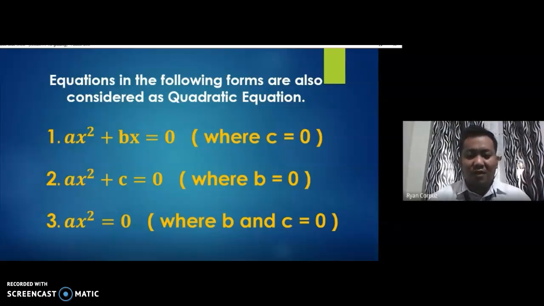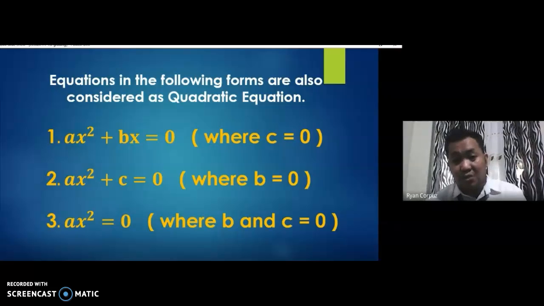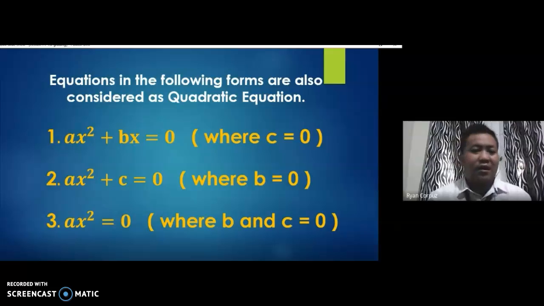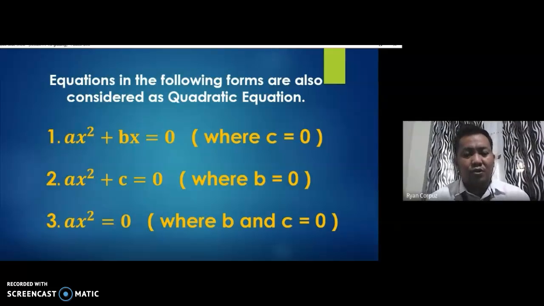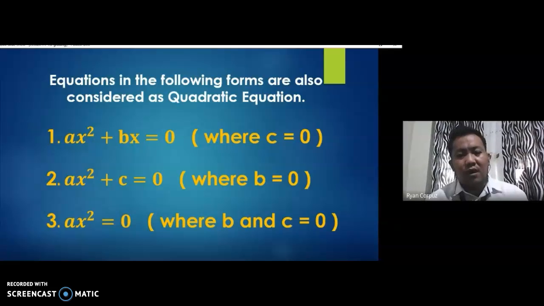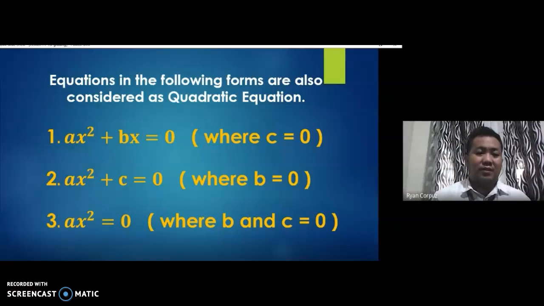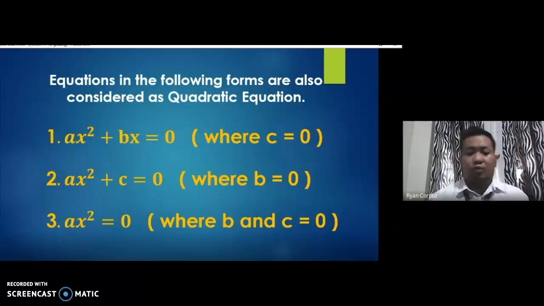So it's not always that a quadratic equation always has the quadratic, linear, and constant terms. There are times that we can encounter equations wherein the linear term is not there, or the constant term is not there, or both are not present in the given equation.